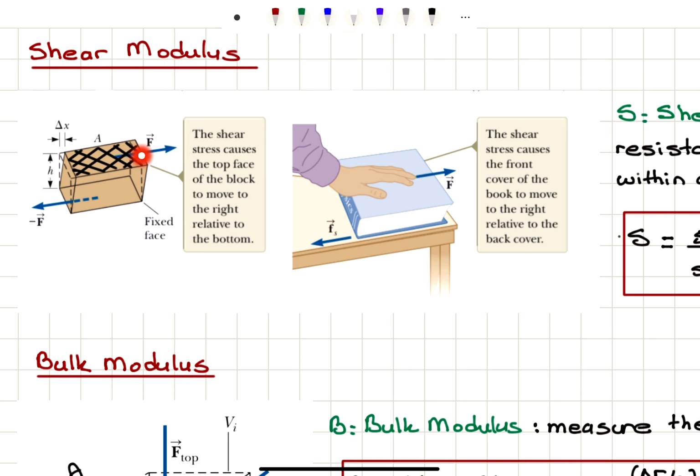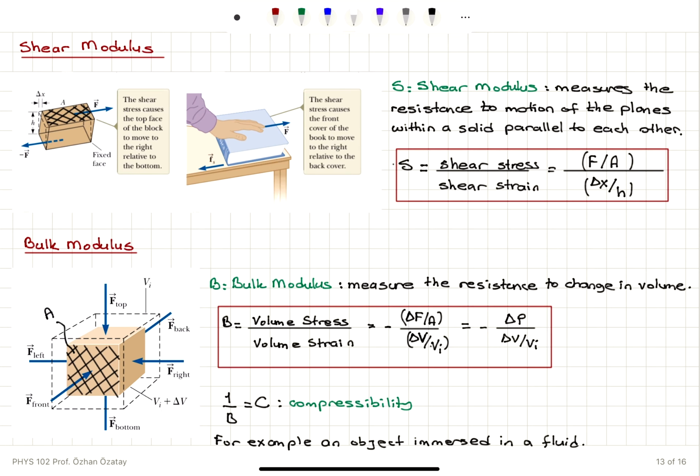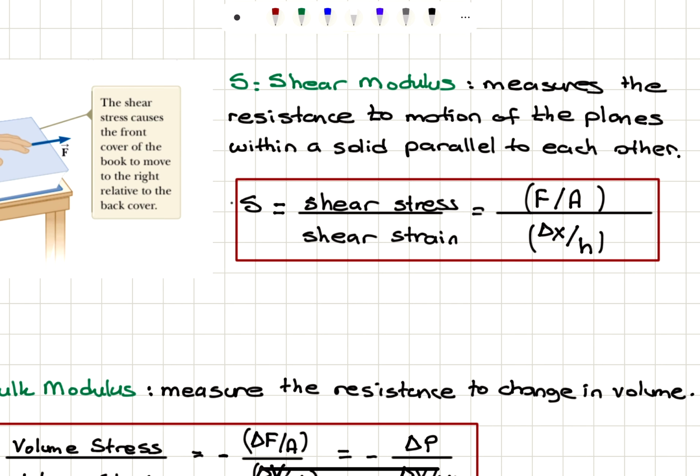So shear stress is the force we apply per unit area of this plane. So the shear stress causes the top face of the block to move to the right relative to the bottom. So that's basically what we can see in this scenario. So for this deformation, we define shear modulus, which measures the resistance to motion of the planes within a solid parallel to each other.